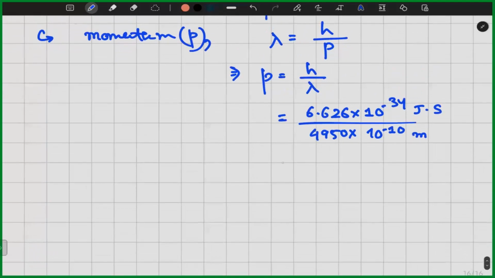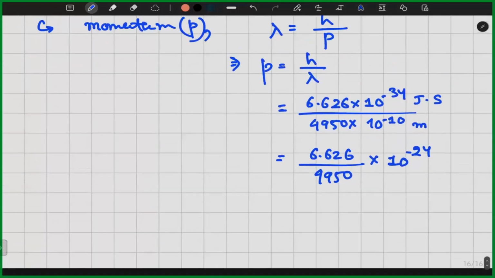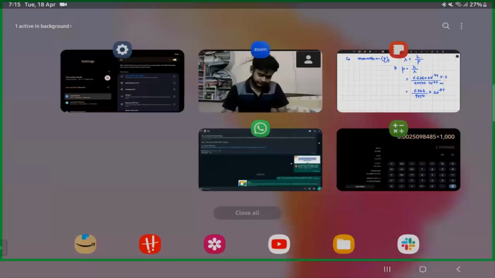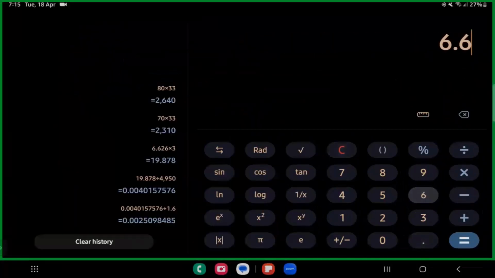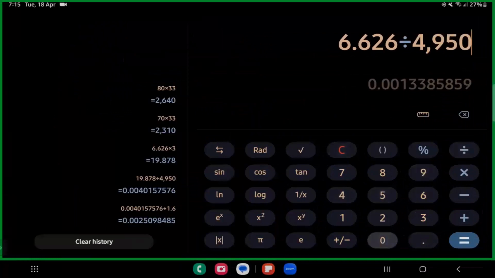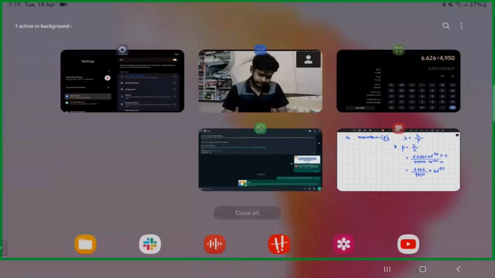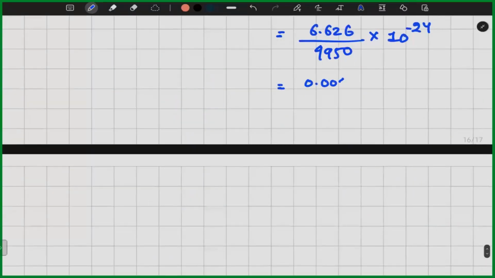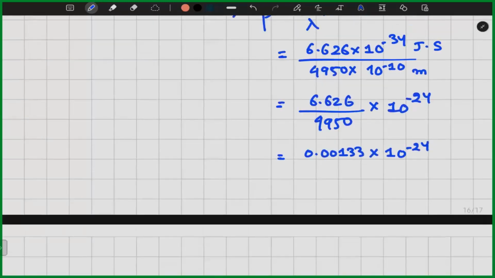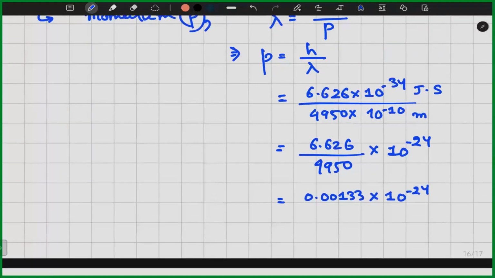So the momentum will be 6.626 divided by 4950 into 10 to the power 24. So again it is 6.626 divided by 4950. It is 0.00133 into 10 to the power 24.